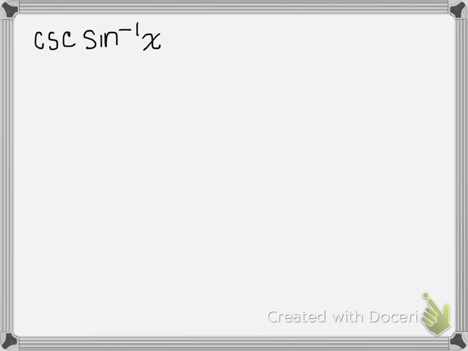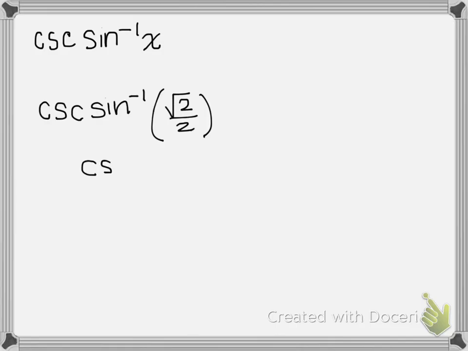First of all, we need to recall that if I had an expression like this, but with, say, a number, we could evaluate this, right? I could say that the inverse sine of rad 2 over 2 is pi over 4.